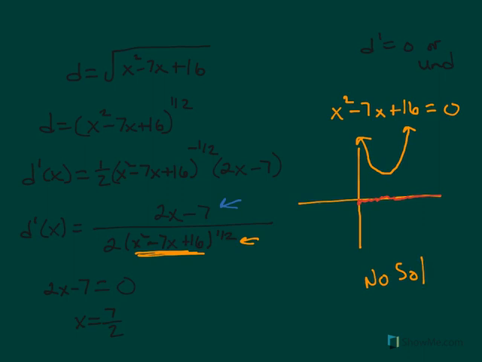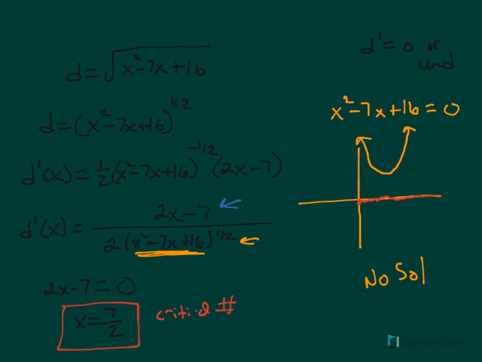So the only critical value you have is this one right here, where x is equal to 7/2. So this is going to be your critical number. So that's where you're going to get a min or a max on the other function.